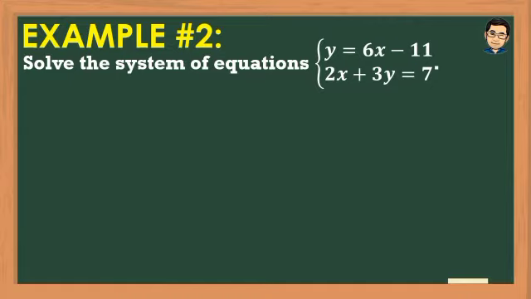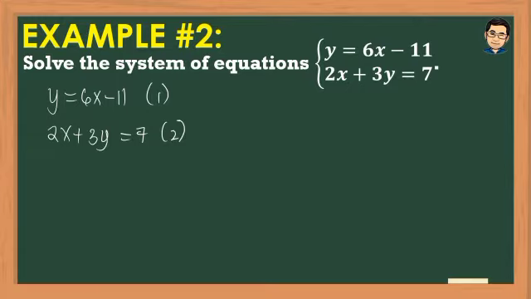So sulat lang natin, y is equal to 6x minus 11, and then this will be our first equation, and then 2x plus 3y equals 7 is the second equation. So ang gagawin natin, yung first equation, isa-substitute natin sa second equation. So, magiging 2x plus 3 and then y. So, in place of y, 6x minus 11 equals 7.